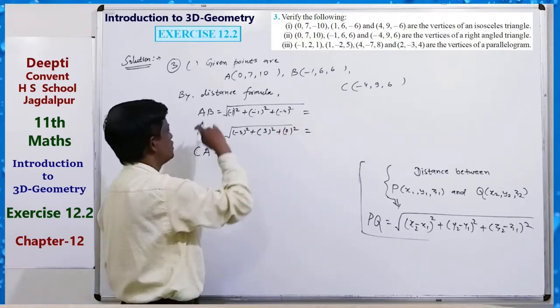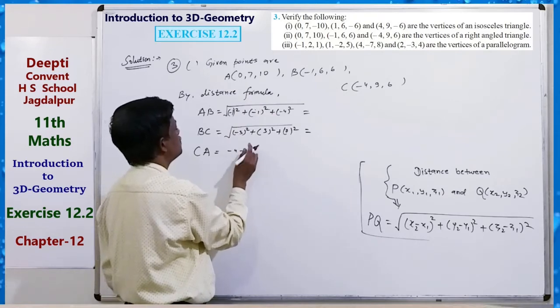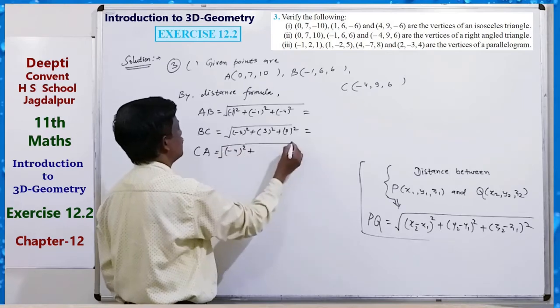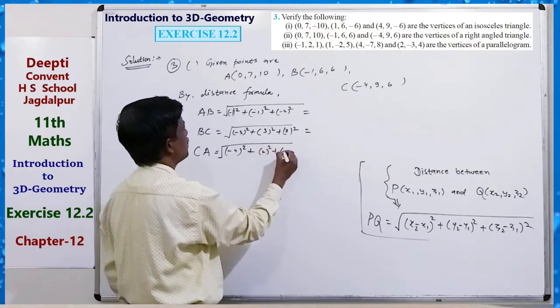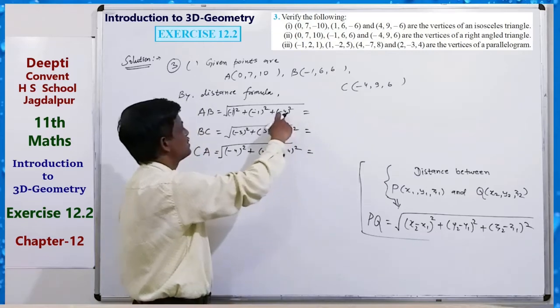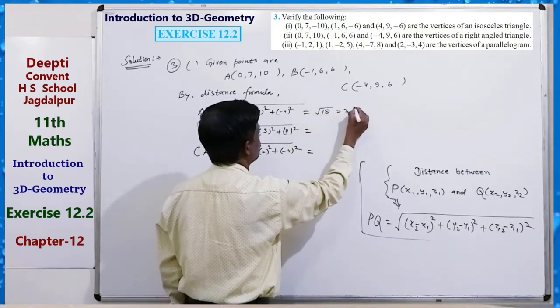And AC is (minus 4 minus 0, that is minus 4) square, and similarly (9 minus 7, that is 2) square plus (6 minus 4) square. So here 16, 17, 18, root 18, 3 root 2.